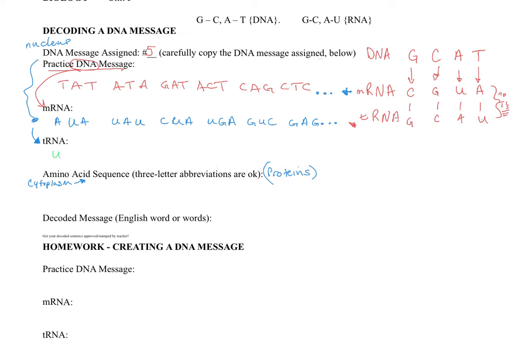A is U, A is U, A is U, A, C is G, U is A, U is A, G is C, A is U, G is C, U is A, C is G, G is C, A is U, and G is C. Excuse me, I started to write a G there.